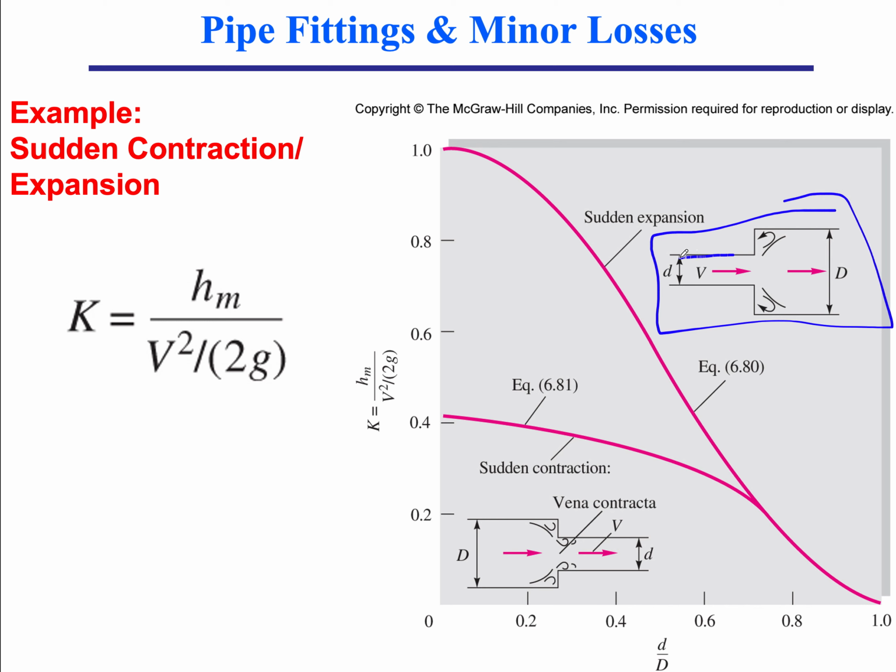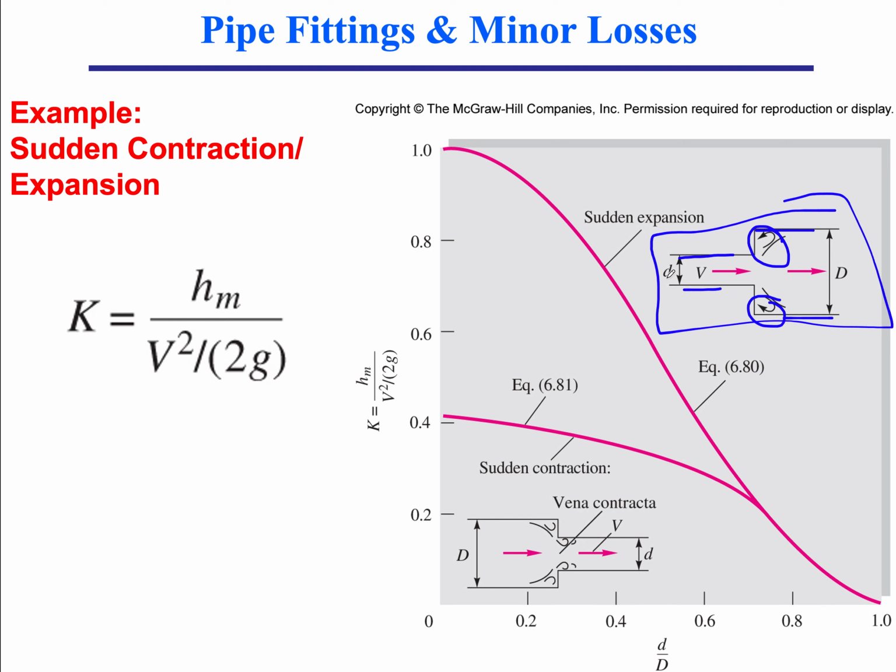I start with a pipe of small diameter d and end up with a pipe of larger diameter capital D. And I get a sudden expansion that's associated with losses because I get rotational patterns here, vortices sticking around, and they're just eating up the energy and wasting it into heat that is lost to the atmosphere. So through friction they are reducing the energy content of the moving fluid.